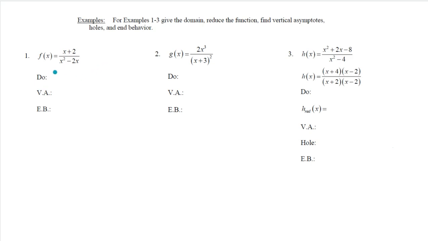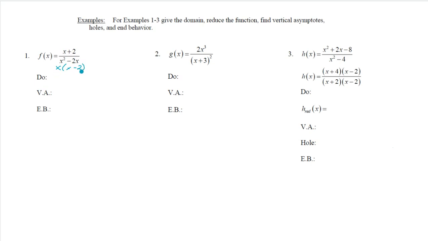So first thing we're going to look at is our domain. Now the domain is identified primarily, at least exceptions with rational functions, by what becomes 0 in the denominator. So in this case, we could do a quick factor of this. This is going to be x and x minus 2, and we would factor that out.